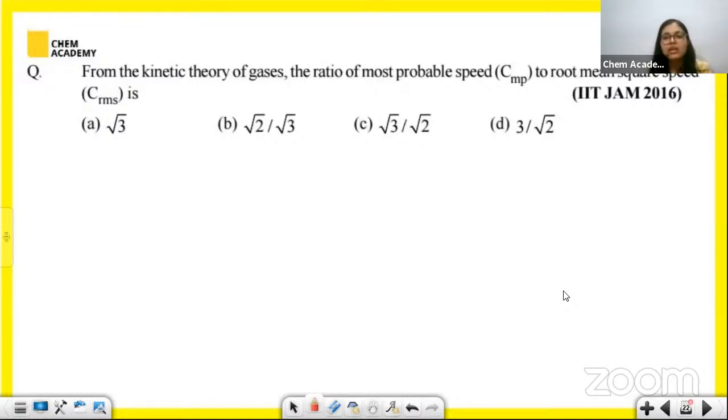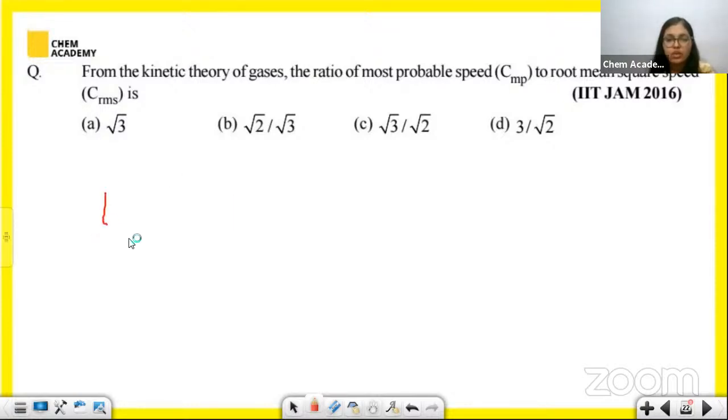From the kinetic theory of gases, the ratio of most probable speed to root mean square speed is. We have to calculate from the kinetic theory of gases the ratio of most probable speed to the root mean square speed. In the previous questions, we have already seen the formulas for the most probable speed as well as the root mean square speed.